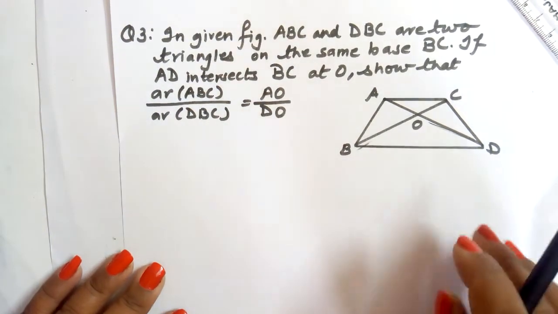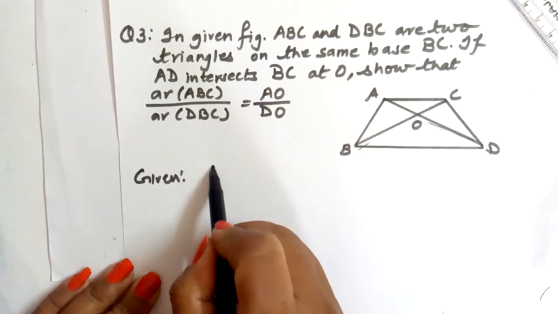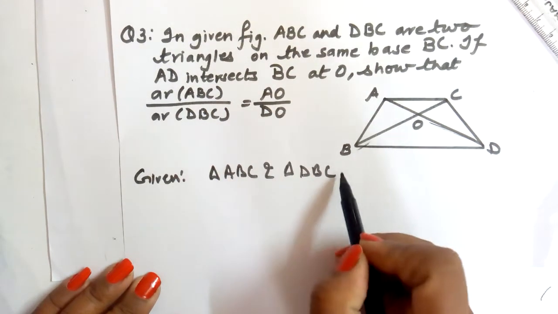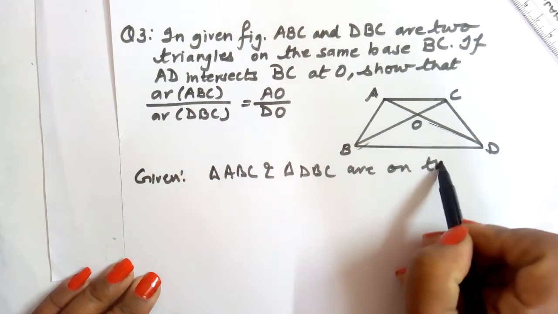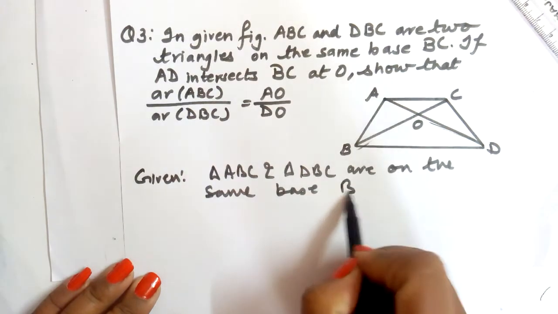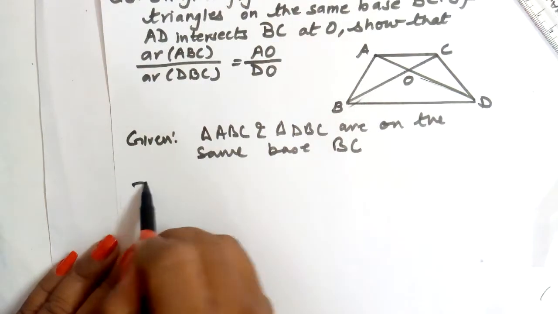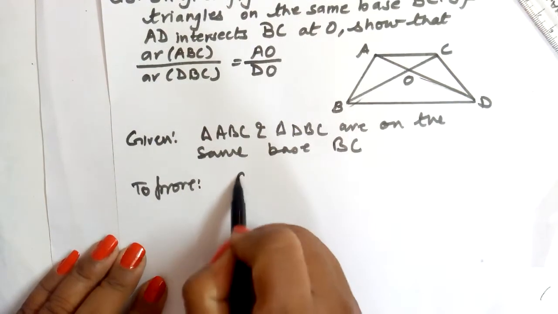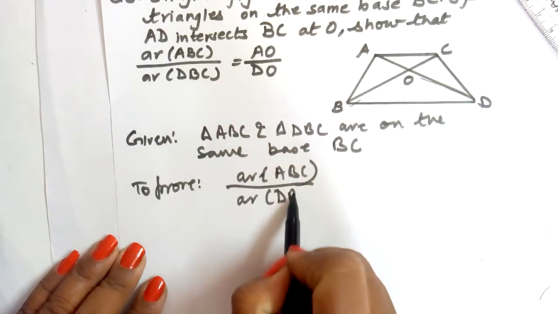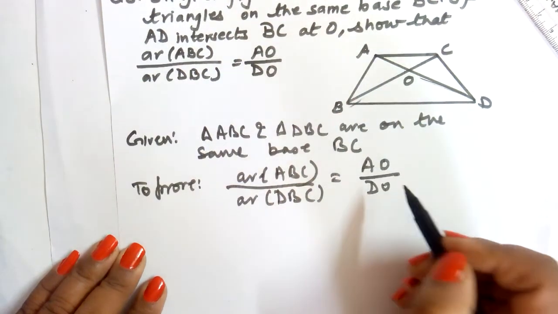Since we are writing the given, triangle ABC and triangle DBC are on the same base, that is BC. This is given to us, and we need to prove area of ABC upon area of DBC is equal to AO upon DO.